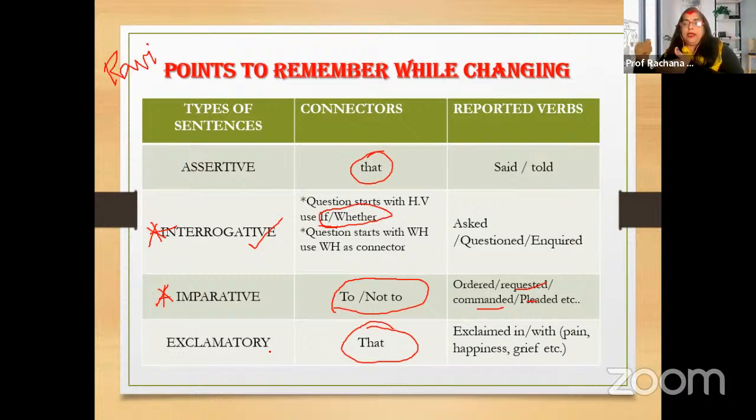Exclaimed in pain, exclaimed with pain. Again, that will depend on the type of sentence. With pain, happiness, you have to give it a mood. Grief, sorrow, all these things can be there in exclamation. What is an exclamatory sentence? When there is a hyper intention of expression, that is called an exclamatory sentence.